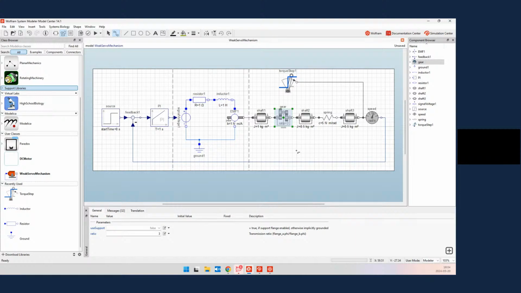In this case, it's an idealized gearbox. That's one of the features of the tool: you can have ideal simplified things, but you can also have components that are super detailed and advanced, and combine them depending on your need.